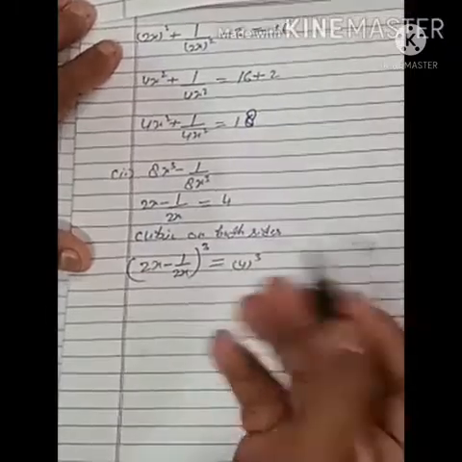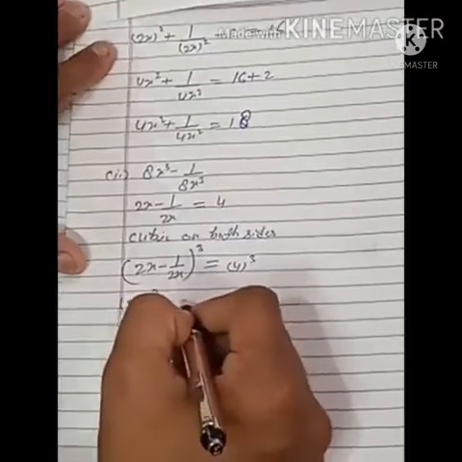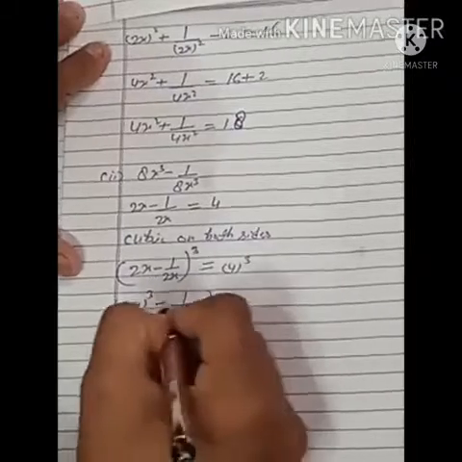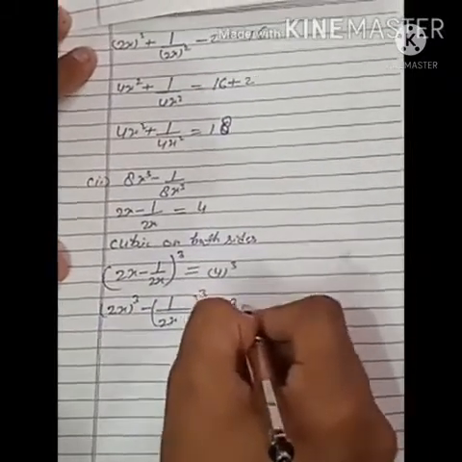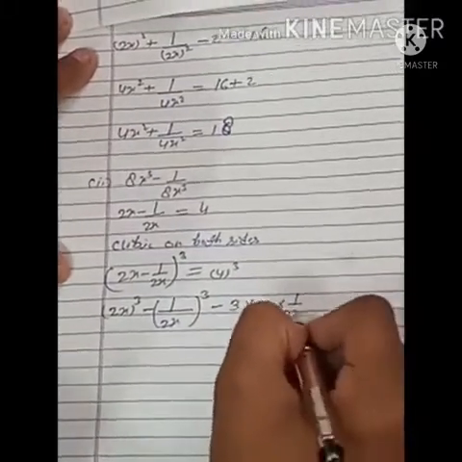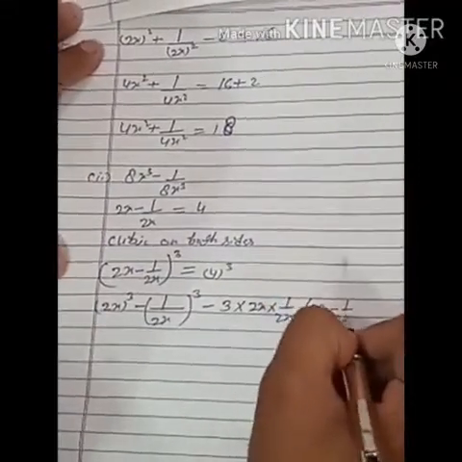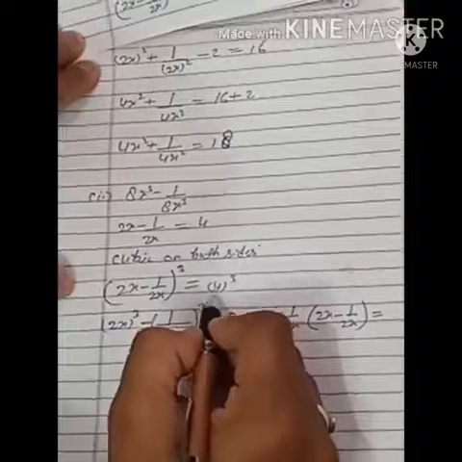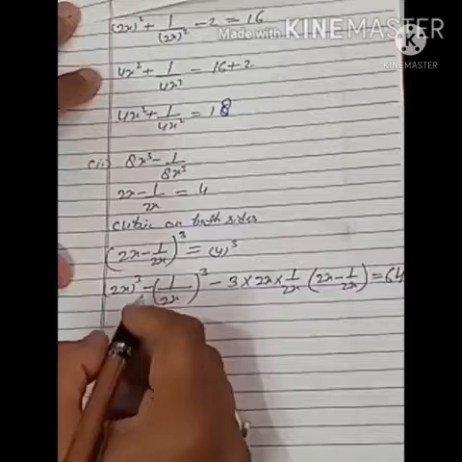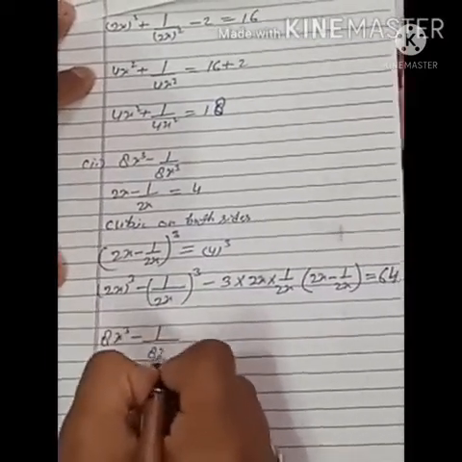So a minus b whole cube means a cube, means 2x cube, then minus b cube, 1 upon 2x cube, minus 3ab, so 3 multiply a 2x multiply b 1 upon 2x, then a minus b, it means 2x minus 1 upon 2x, is equal to cube of 4 means 64. Then 2x cube means 8x cube minus 1 upon 8x cube.